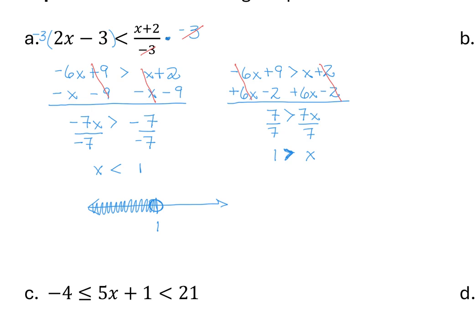And we can put an open circle to indicate that 1 is not included, and we shade to the left. The other notation, which is good for interval notation, is we use brackets. And so here, because it is not included, we use a parenthesis at 1.